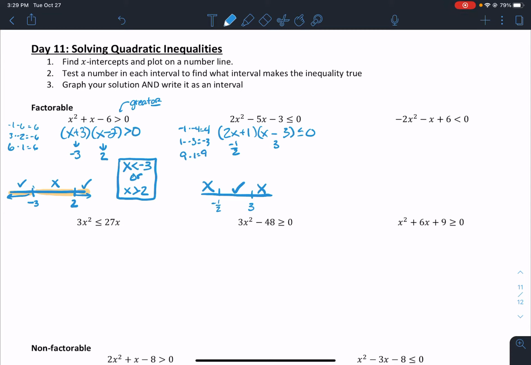This is an and because it's between this and this. So therefore, and we could have been able to tell because this is a less than problem, our solution is -1/2 is less than or equal to x, and x is less than or equal to 3.